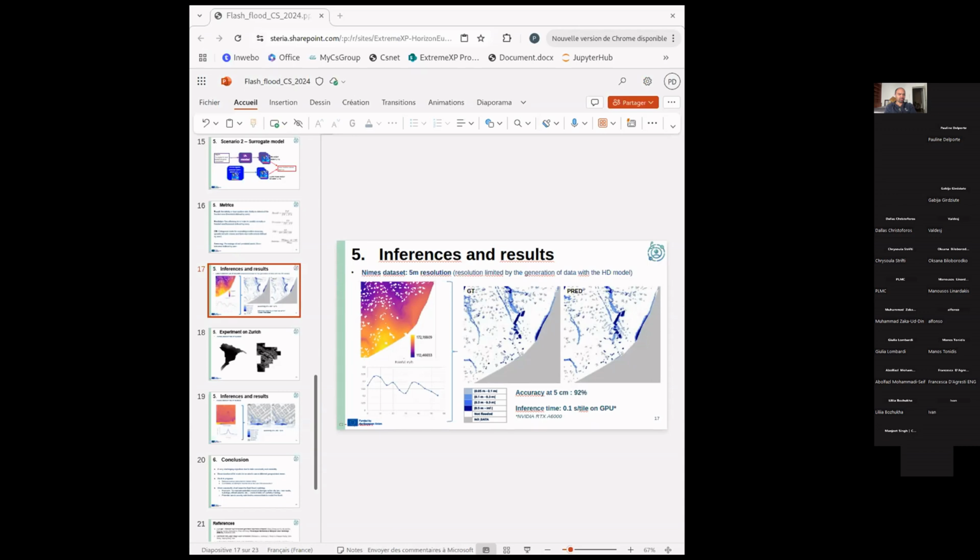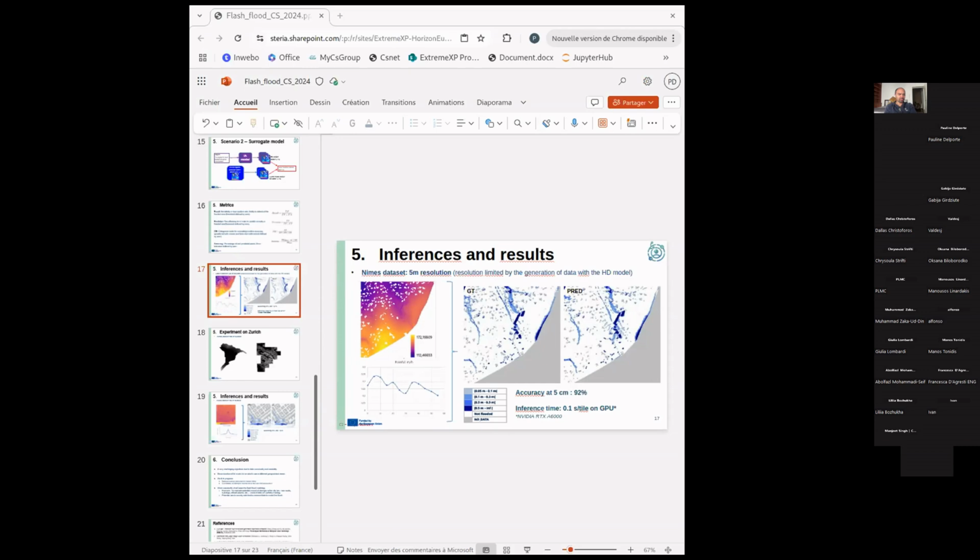For example, if you have a flood 1 kilometer away, it will have an impact on the place where you are. So that's what we want to reach, to relate the tiles between them. But I think it's hard, because we will need a lot of data. But that's the goal, and we hope that we will increase the accuracy on the corners, for example, on the side of the tile.